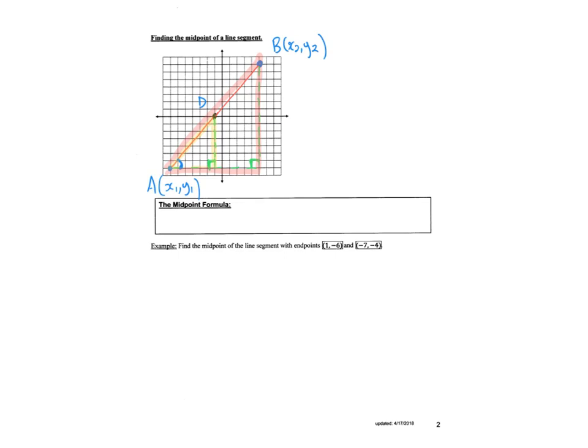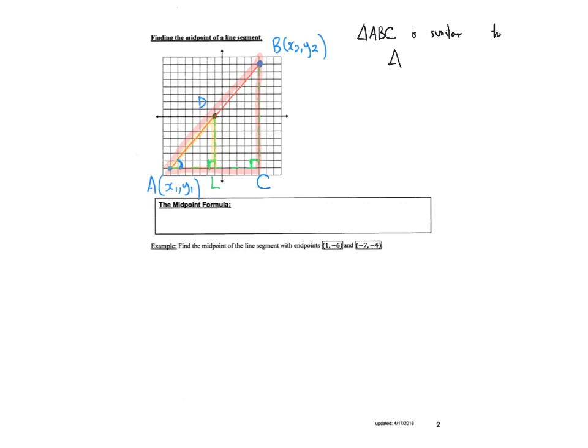Let's name that final vertex C. So we know from geometry that triangle ABC is similar to triangle, oh, I need to name that final point, don't I?